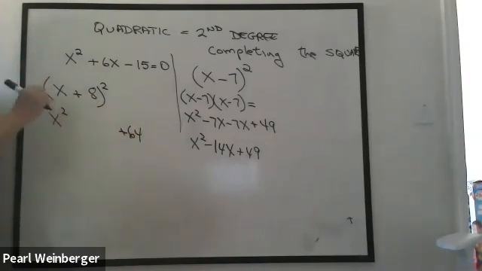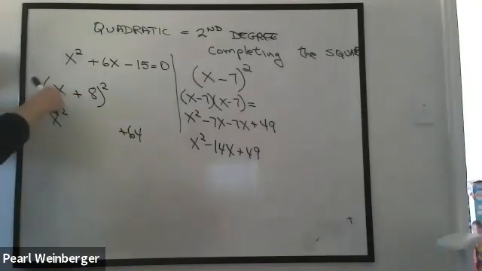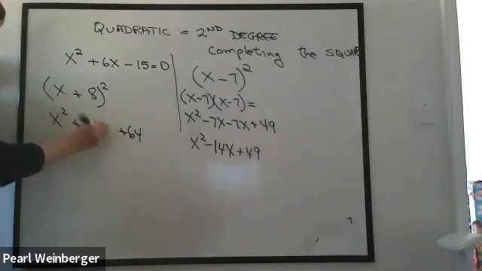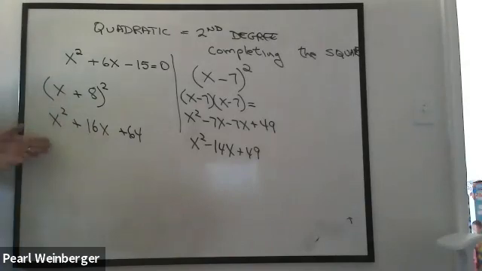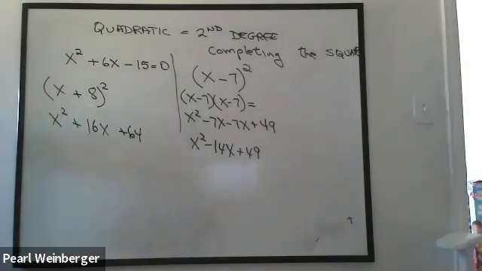And what is the middle term? Well, I multiply these two together. X times 8 is 8x, positive 8x, and multiply it by 2 because I know I'm doing it twice. 8x doubled is 16x, so this becomes plus 16x. Look at how quick it was. I didn't have to do FOIL, I just saw the pattern.